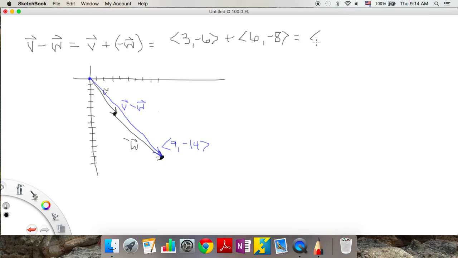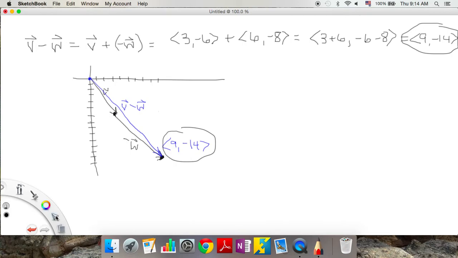So that means we have 3 plus 6, -6, -8, which gives us (9, -14). So we can do this graphically or analytically, either way. Just remember when you do it graphically that you need to line them all up right. So we have to put the tail of the second one on the head of the first one, and then we have our sum vector.